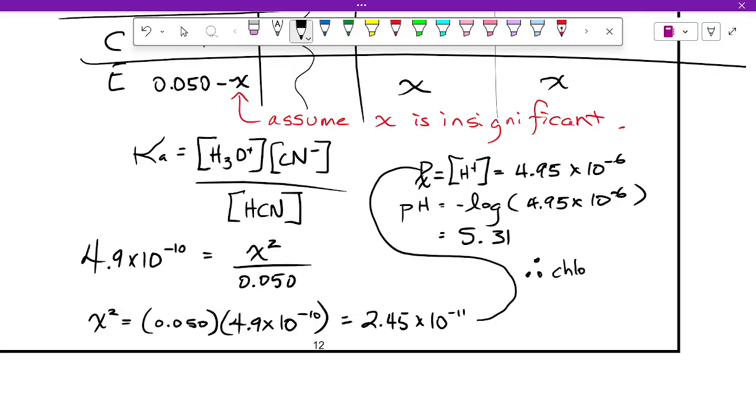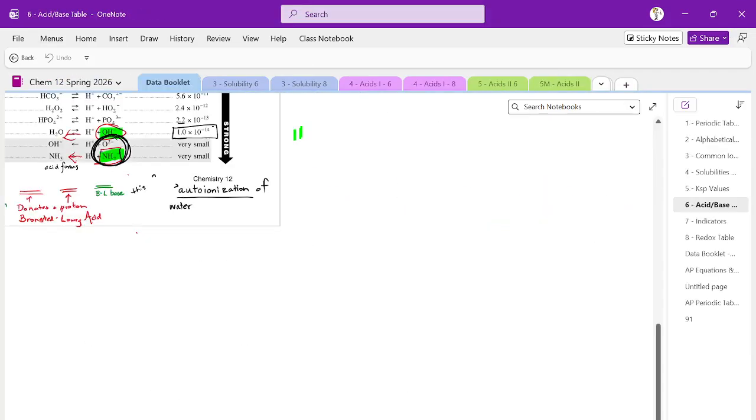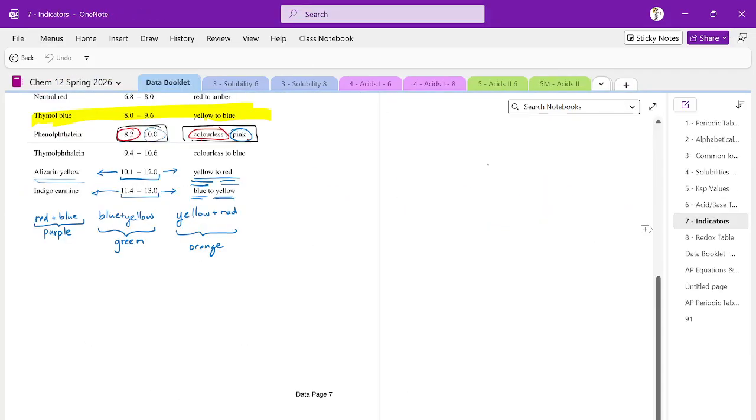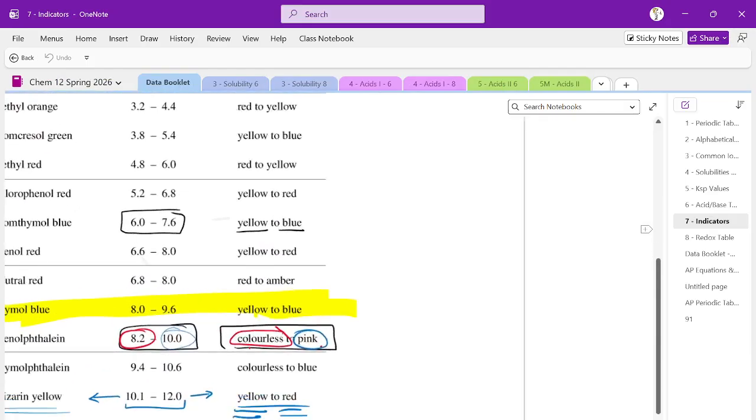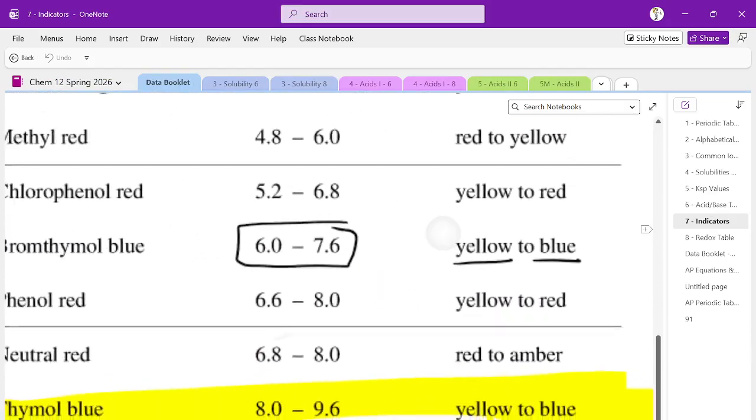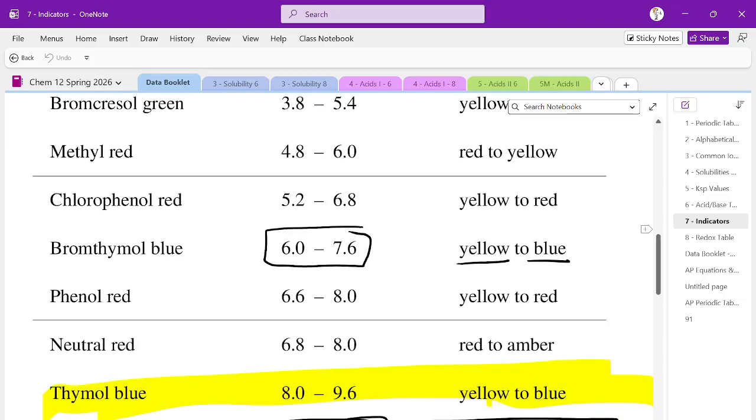Finally. Okay. Therefore, chlorophenol red will be what color? Chlorophenol red at 5.3, which is right in here.